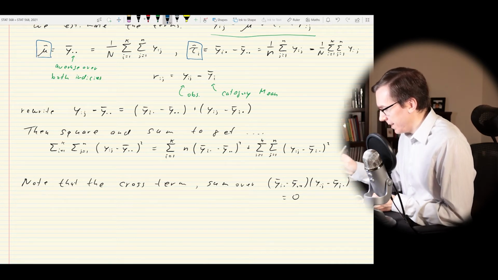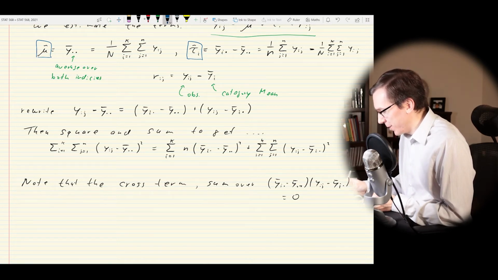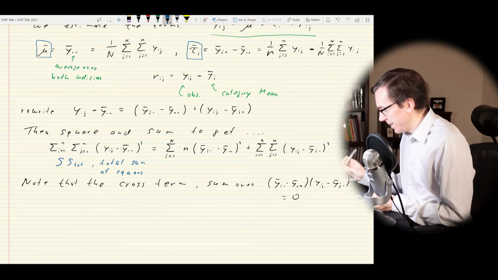So the left-hand side is what we'll call SS tot, for the total sum of squares. The first term on the right-hand side is going to be SS treat, TR, and this is the treatment sum of squares.